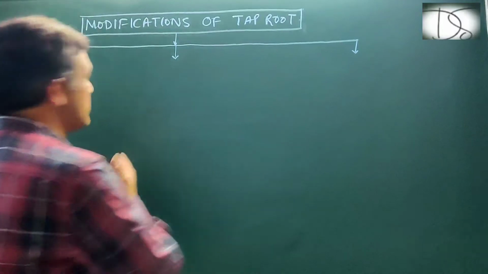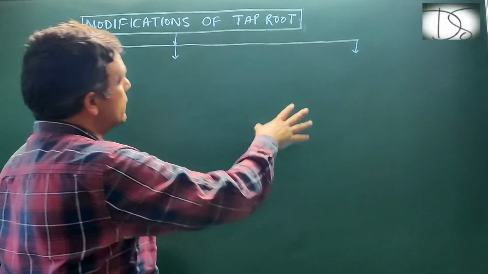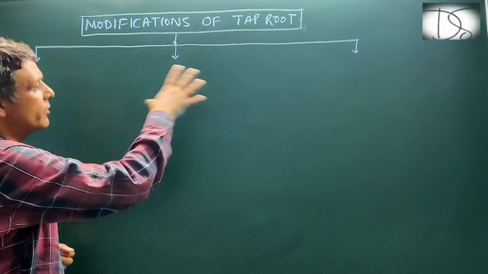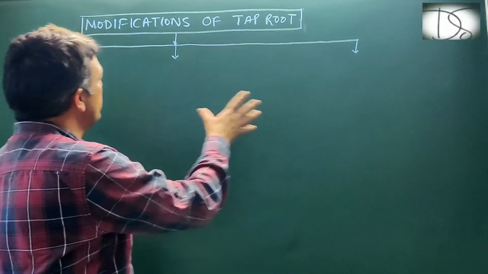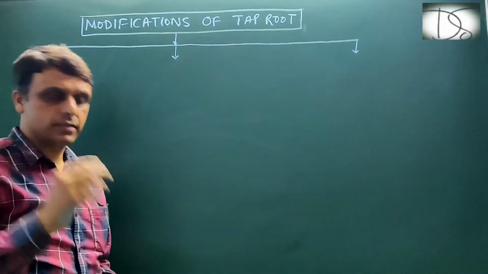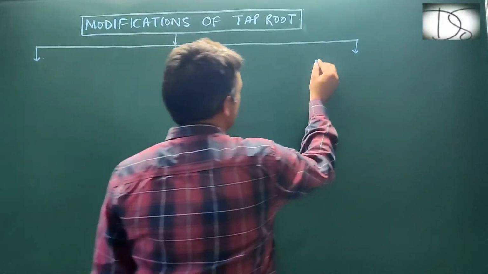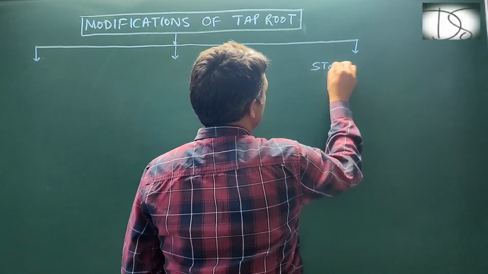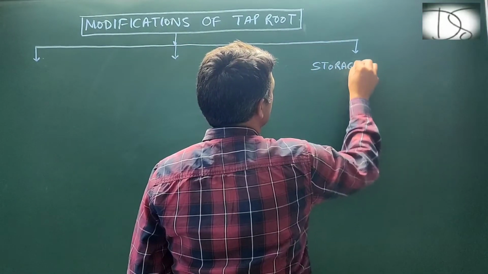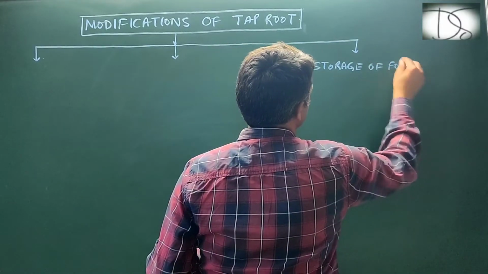So, as we have learned, there are three categories based upon the different functions on which we differentiate the modifications of taproots. First one is taproots modified for storage of food.